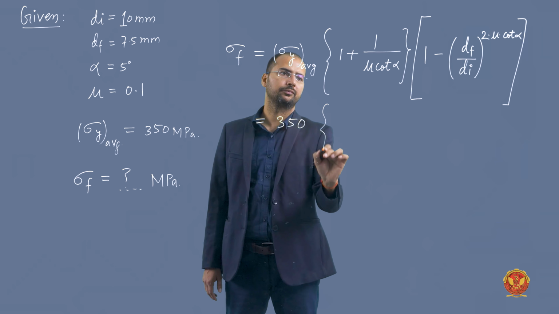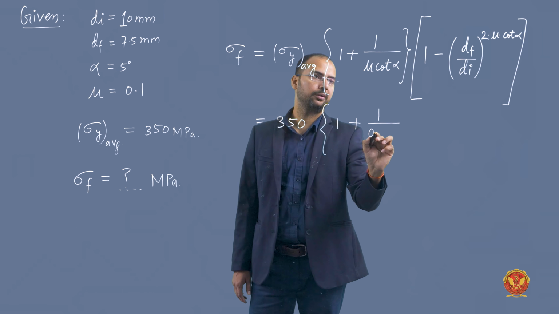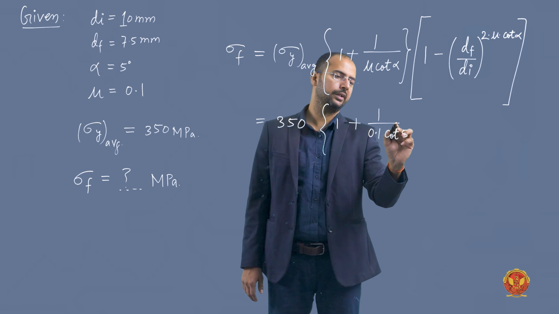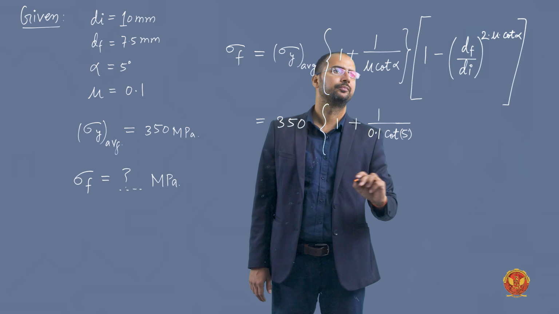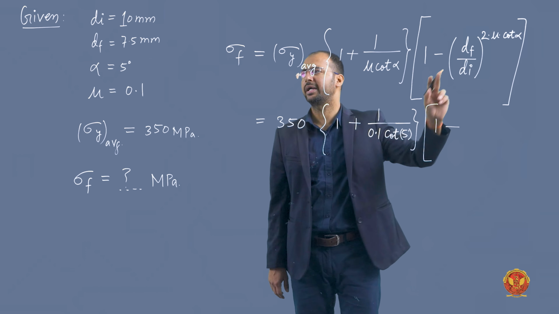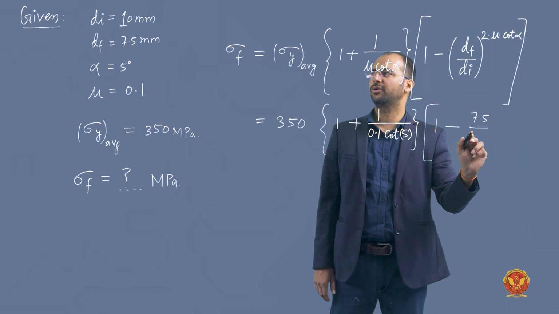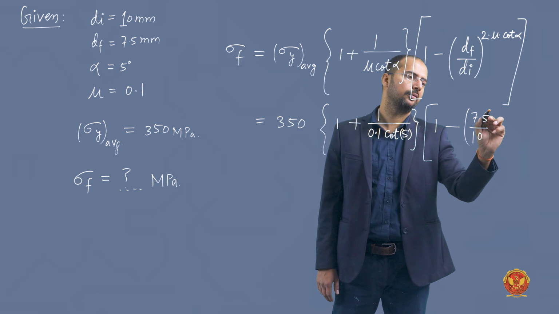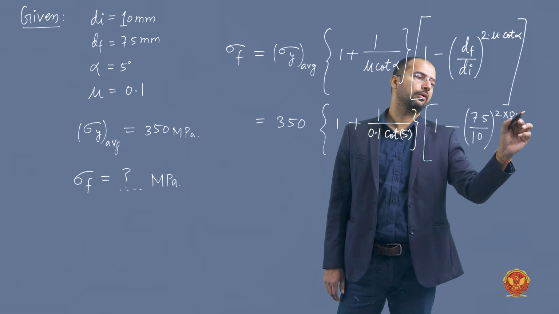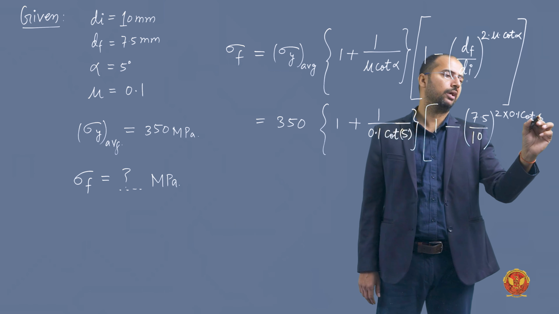So 350 into 1 plus 1 by the value of mu, which is 0.1, cot alpha, the value of alpha is given as 5 degree, so cot 5 degree, into 1 minus final diameter 7.5 by initial diameter 10 millimeter, to the power 2 into mu, 0.1, cot alpha, alpha is 5 degree.